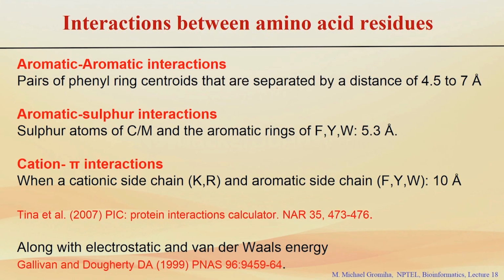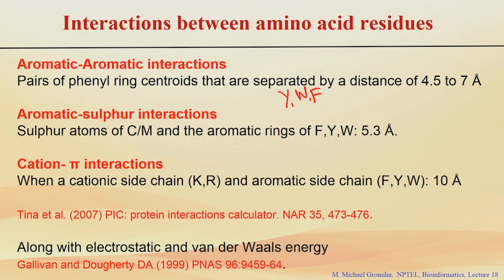Likewise, you can see the aromatic interactions. What are the aromatic rings in the protein structures? Tyrosine, tryptophan and phenylalanine. So, you can see the centroid of the phenyl ring. How to get the centroid of the phenyl ring? Center of mass.